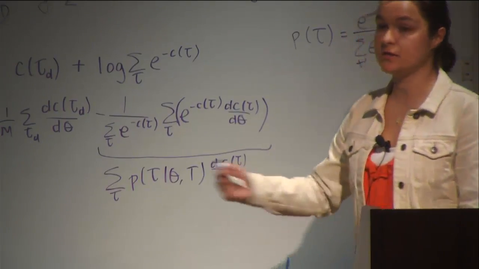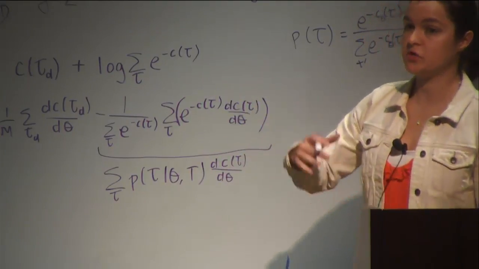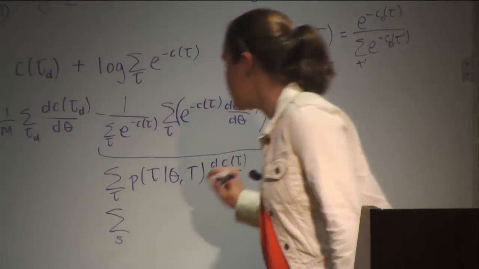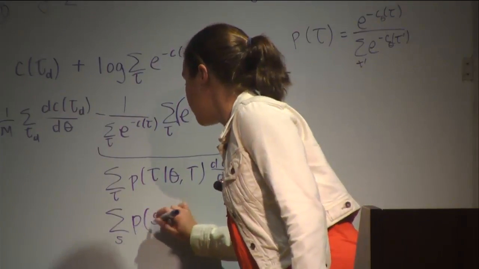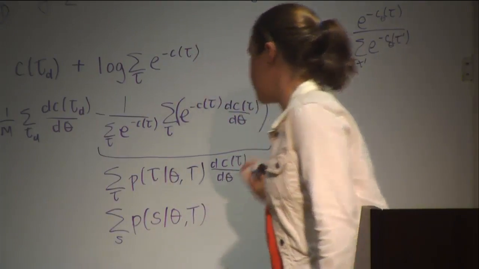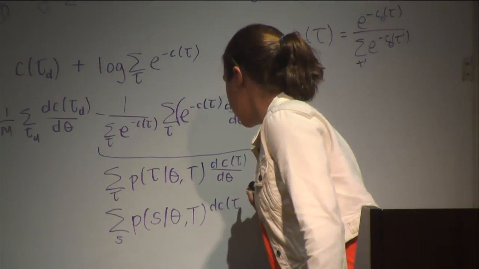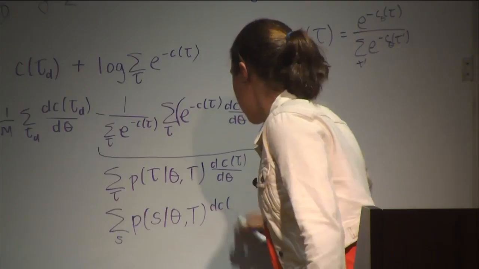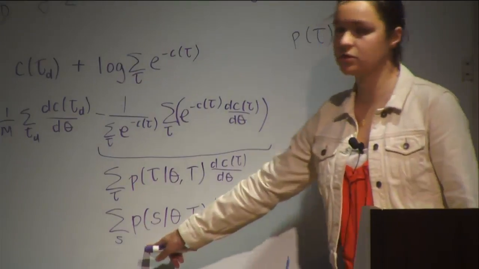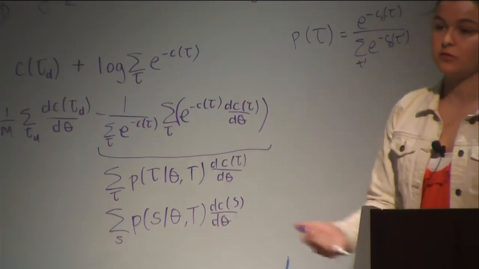Because our cost is a sum over the states of the features times the parameters, this is equal to a sum over states of the probability of hitting that state given theta and our transition dynamics, times dc of s d theta. This term right here is called our state visitation frequencies. So this is the probability of being in state s, generally.